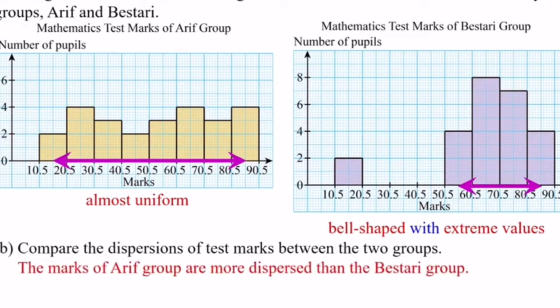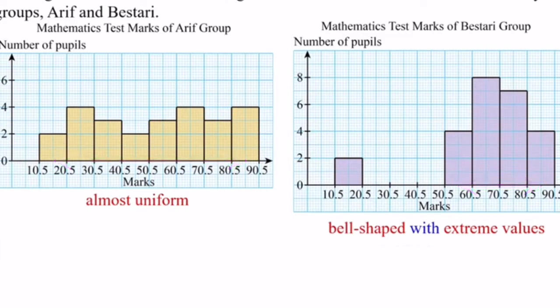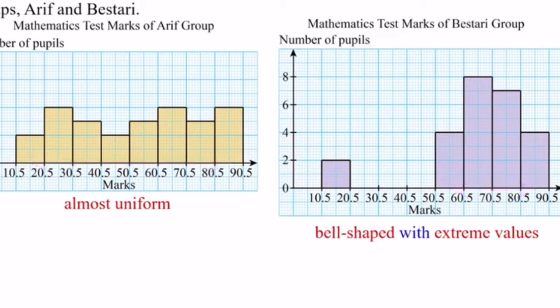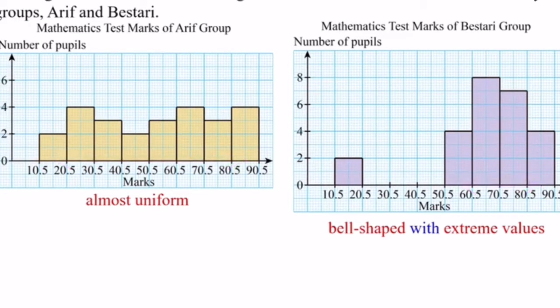We need to do comparison between the two groups for the dispersion of the test marks, right? So that is how you do it. You just use your highlighter or maybe your pen, try to work out the distribution of the data. Draw the line. If the line is longer, that means it is more dispersed. So dispersion means how the data spread. It spreads from lower to higher with a certain range, which is quite long, so we say it's more dispersed.